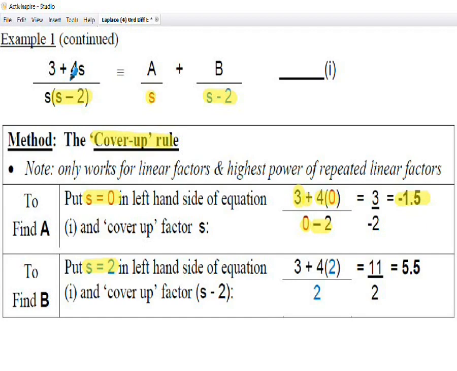So we cover up the s minus 2 this time, and we're going to put the value of 2 wherever we see an s on that left hand side. So again, top line 3 plus 4 times s, but 4 times 2 this time, all divided by on the bottom line the s, which is 2. Again, looking at the numbers on that, we end up with a value of 5.5 for constant b.